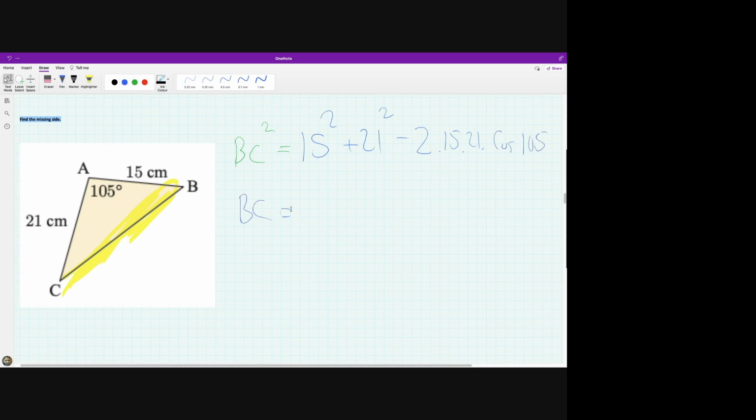Now I still need to do some calculator work to get BC by itself, so I'm going to give you a bit more time to put that in the chat. What are we getting for BC? Pop your answer in the chat.